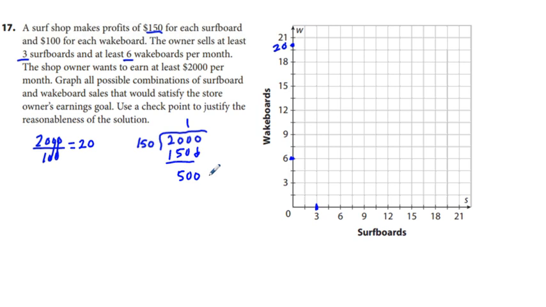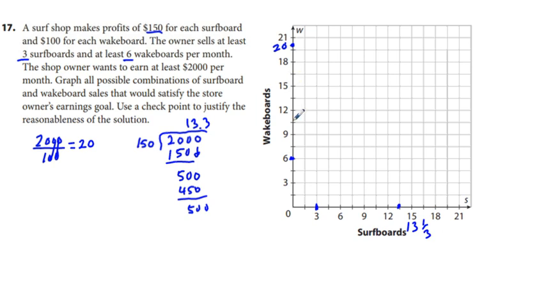So 150 goes into 503 times, and then we get 450 here, and then we get 50, this 0, so we get 13.3, 13 1/3. So this is going to be 12, 15, so that'll be about 13 1/3 right here. So I'll put 13 1/3.